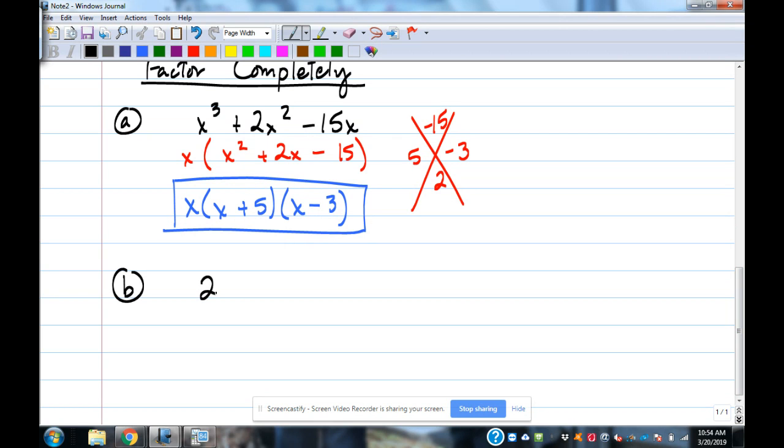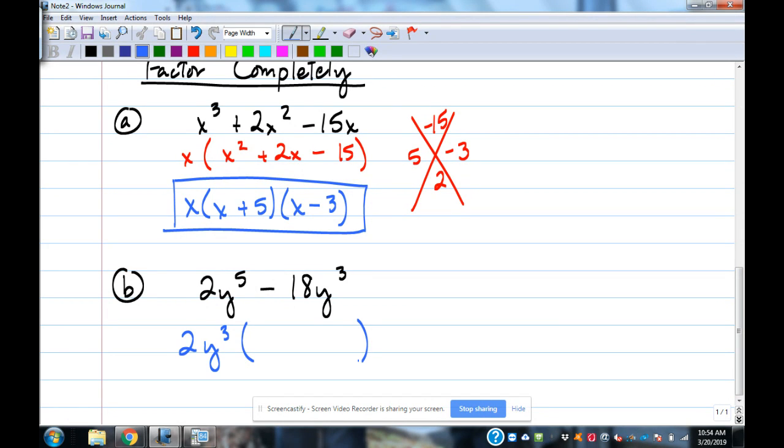Let's try this one. 2y to the 5th minus 18y to the 3rd. In descending order? Yeah, good. GCF. Anything else? 2 is also in common, so 2y cubed.